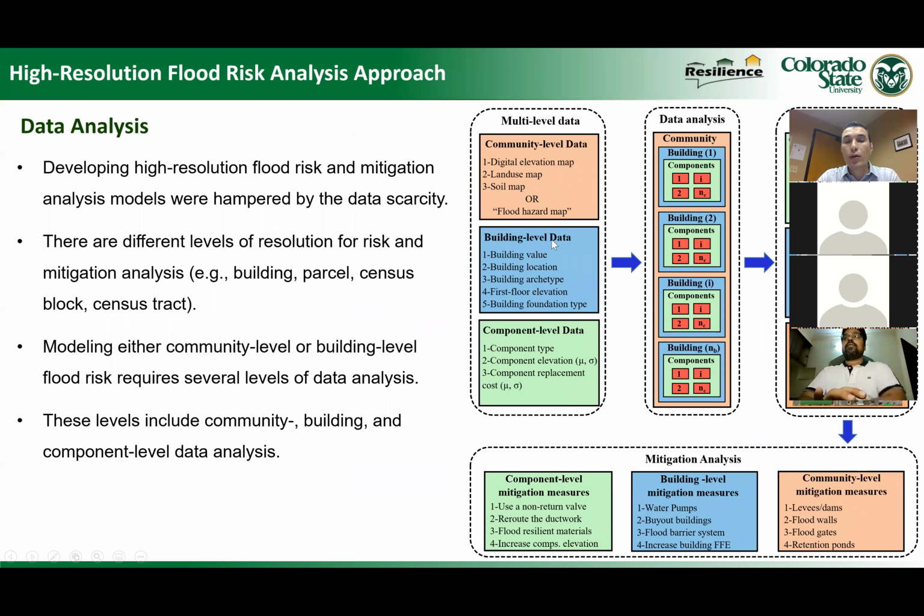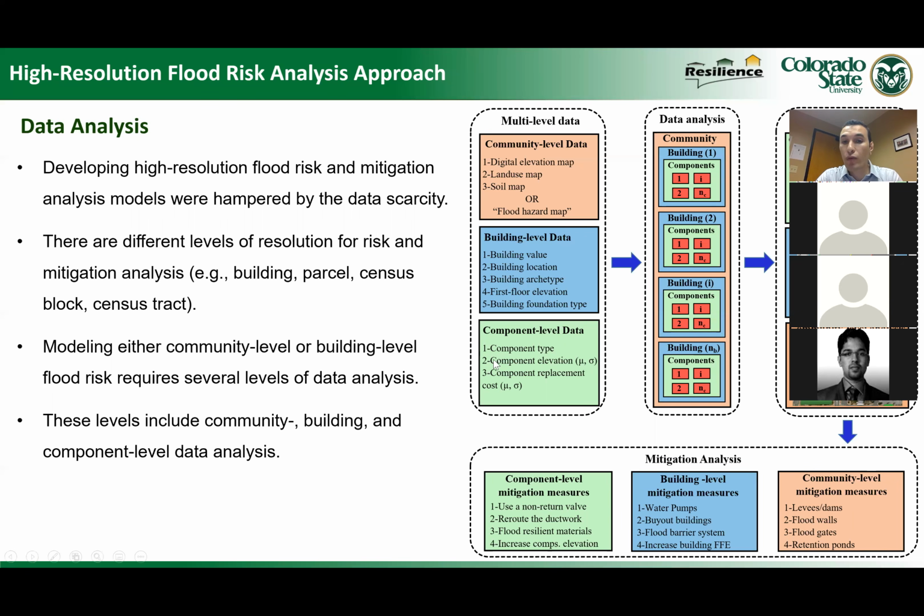Yeah, sure. So almost all of the data analysis was handled in ArcGIS. Mainly the building level data was handled in ArcGIS, so we deal with shapefiles. The component level data was handled in Excel files, and we used Revit to build a building information model for each archetype so we can identify the components.